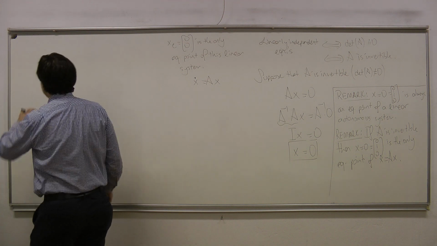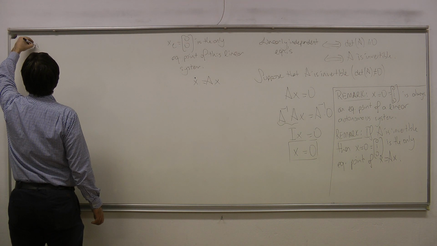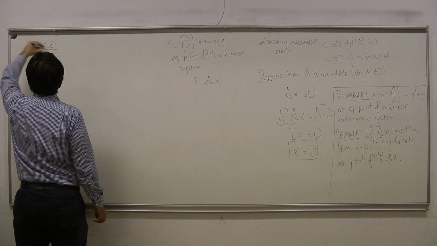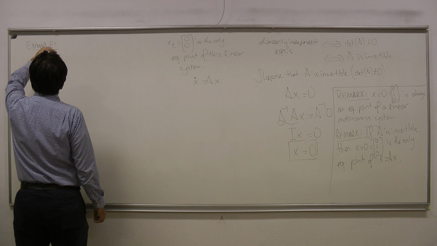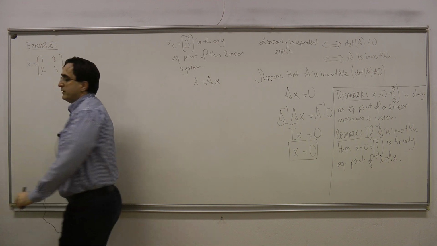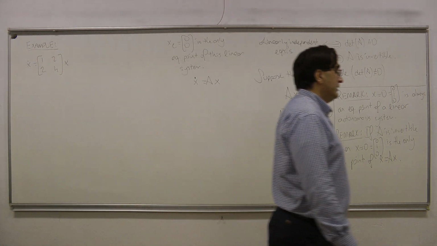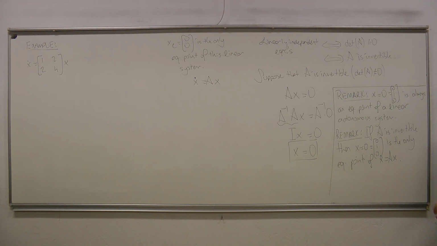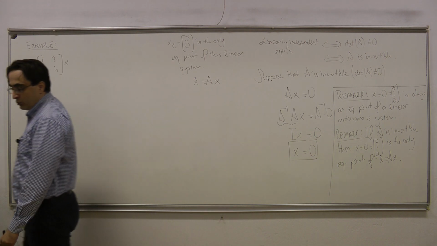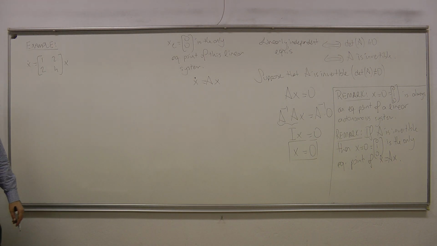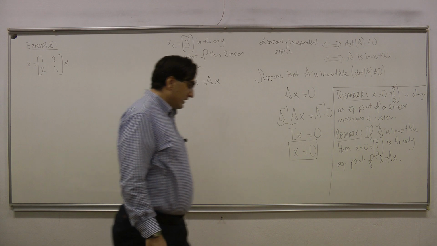So our second example is going to be this. x dot is equal to [1, 2; 2, 4] x. This is my linear system, and I have to do the same task. Here, I need to find the equilibrium point or equilibrium points of such a system.